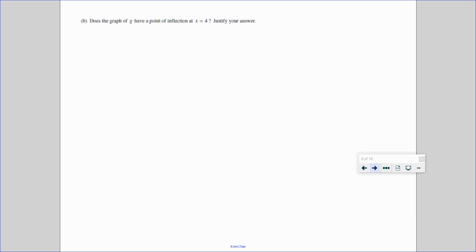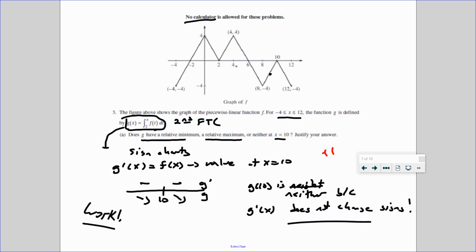Part B says, does g have a point of inflection? Well, that's our second derivative. We know that g double prime of x is equal to f prime of x, so we are looking at the slopes of the function f at, in this case, x equals 4. If I go back to x equals 4, there it is. My slope is positive here, negative afterwards.